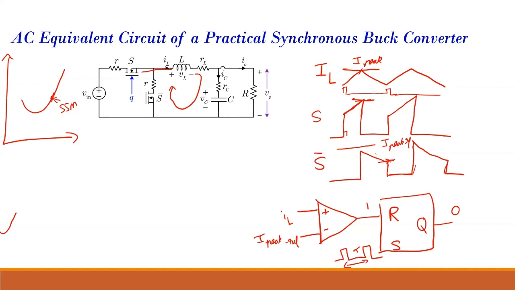See, we may have designed it for over here, but it might operate over here, etc. So when we are doing the controller design, we must consider the worst possible scenario, and we must design it accordingly, where the phase is very less. So the stability margin we'll have to take into consideration while designing a controller.